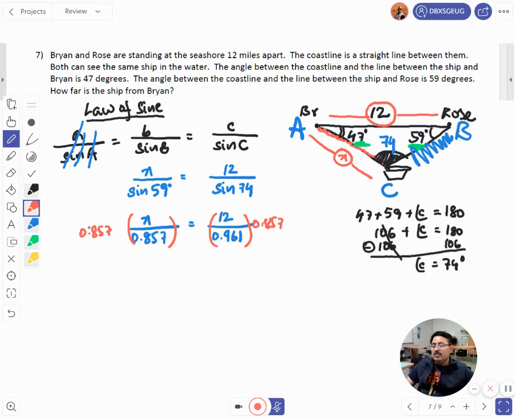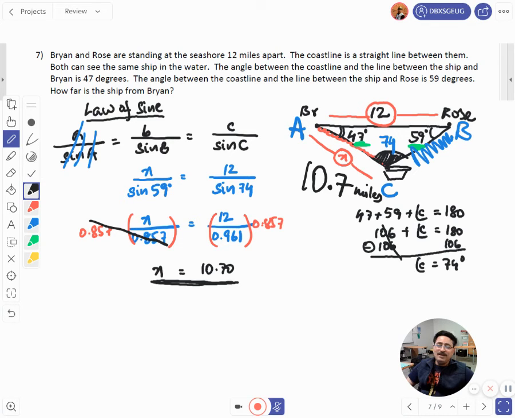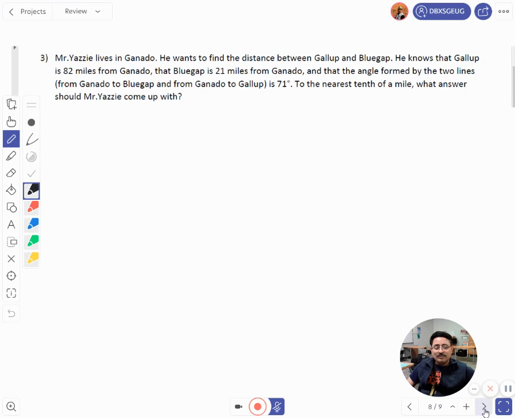So these two get cancelled. The value of x equals 12 divided by 0.961, and the result to be multiplied by 0.857. So 10.70. So the distance between Brian and the ship is 10.70 miles. Okay. Then now let me quickly jump to the next question.